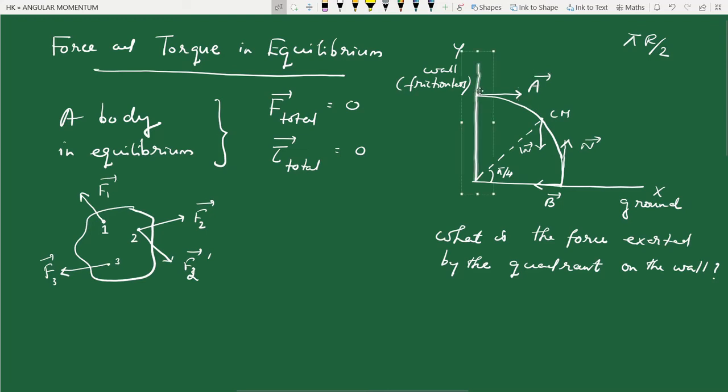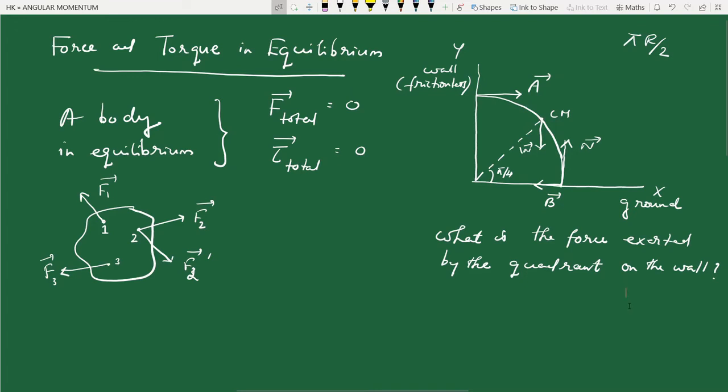At the point where the rod is in contact with the ground, there is a normal reaction force perpendicular to the ground, and there is a tangential force due to the friction of the ground. This tangential force is the one holding the rod here. And the fourth force is at the center of mass of the rod, the weight of the rod acting vertically downward.